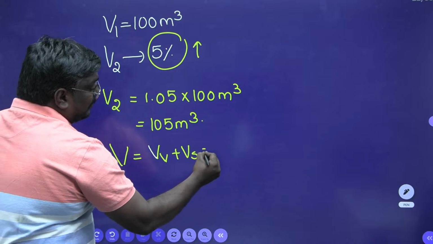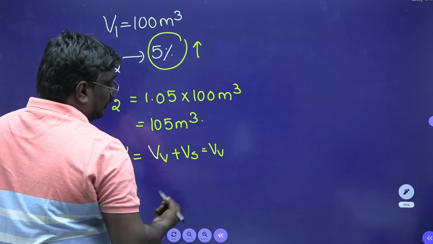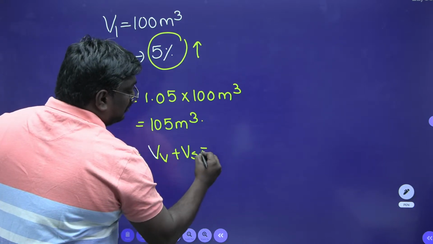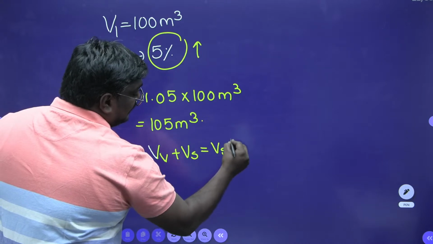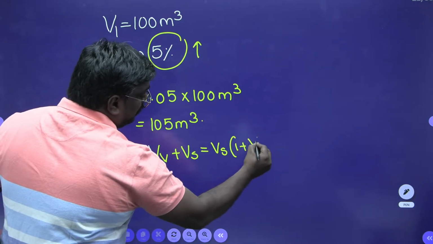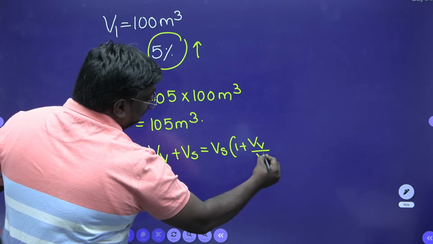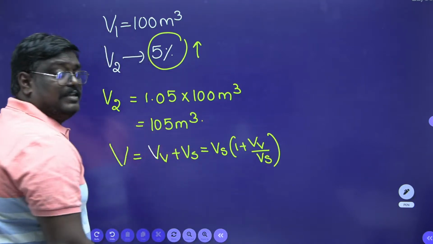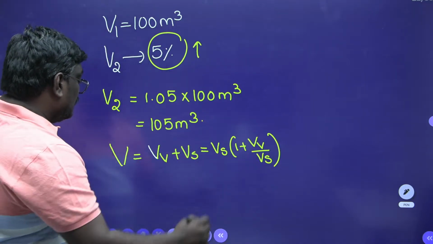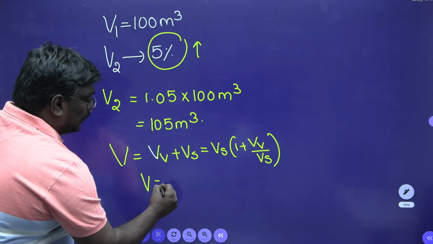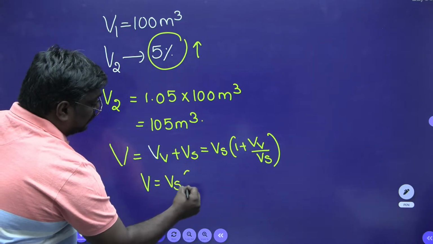If I take the volume of solids common, you can write it as Vs into (1 plus Vv upon Vs). I have discussed this relation in the previous sessions. So total volume is equal to Vs into 1 plus e.